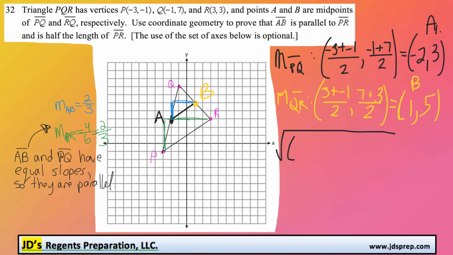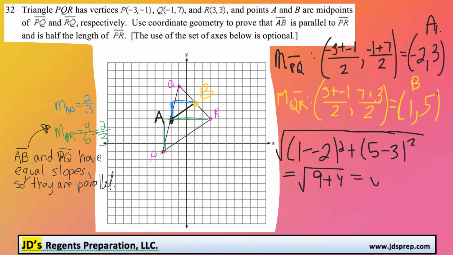In this case, that would be 1 minus -2, plus y2 minus y1 squared, which would be 5 minus 3 squared. That becomes the square root of 9 plus 4, so root 13, if we're not rounding it. And so I'm just going to write AB there, so we'll remember.